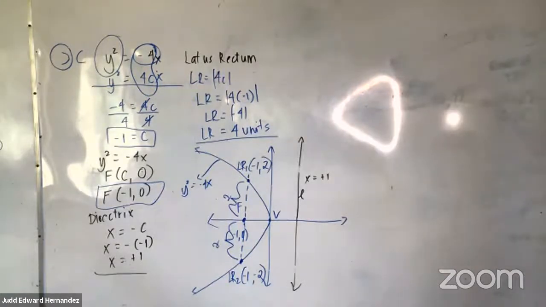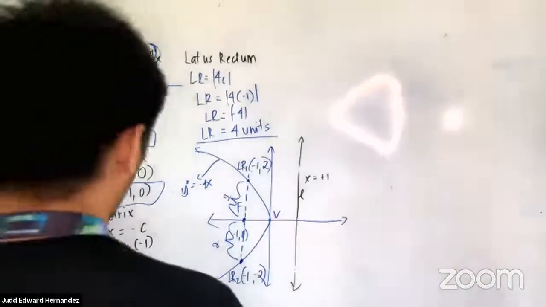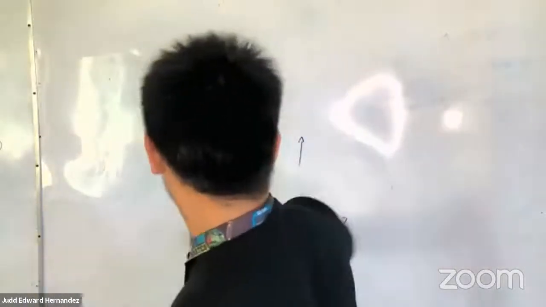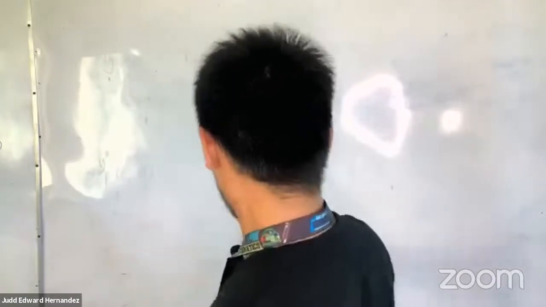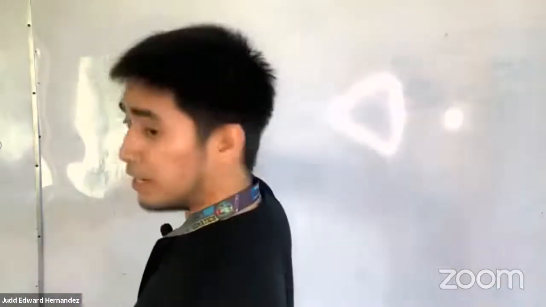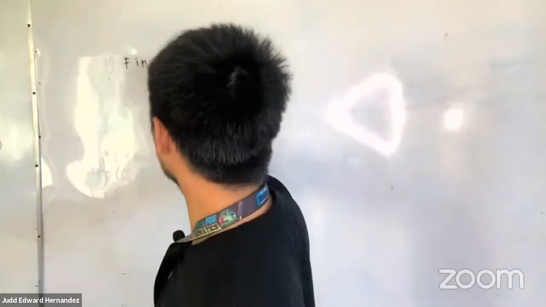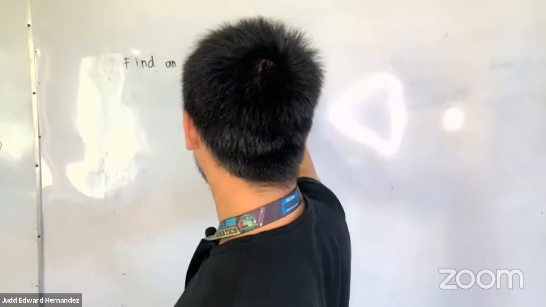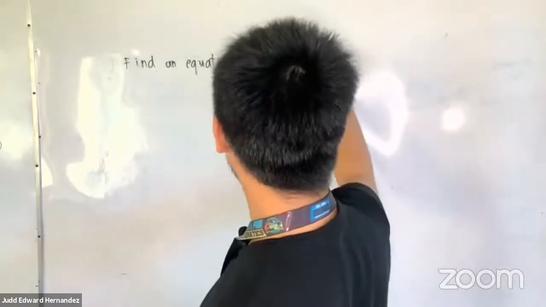Okay, what if we are now given a point? So, paano naman kunwari, binigyan tayo ngayon ng point? Okay, sige nga. Anyone who would like to answer? Find an equation of the parabola.